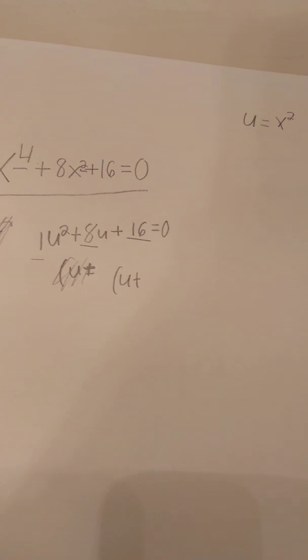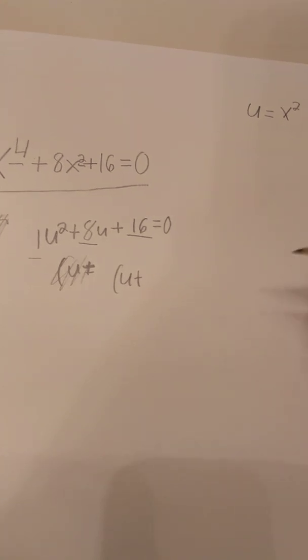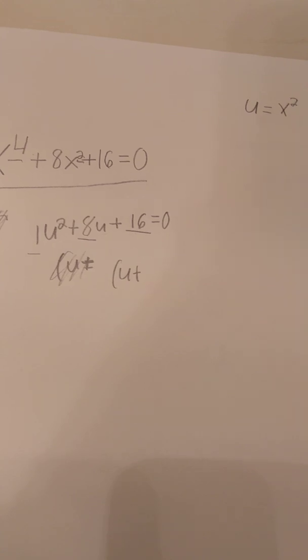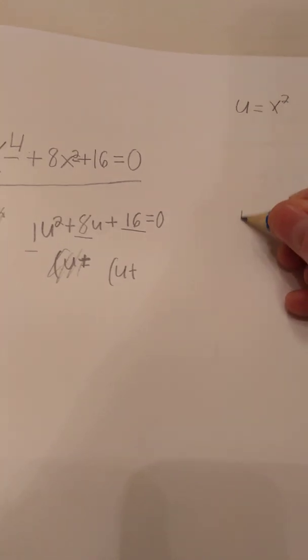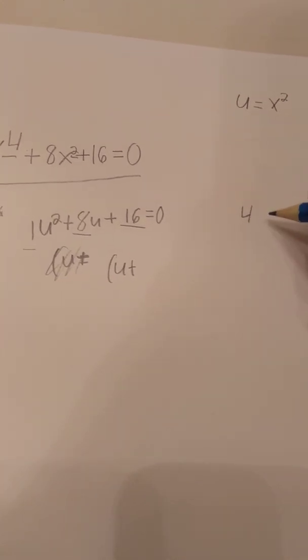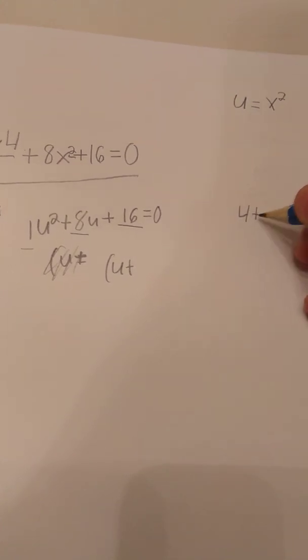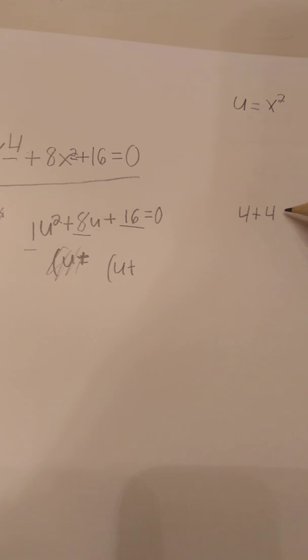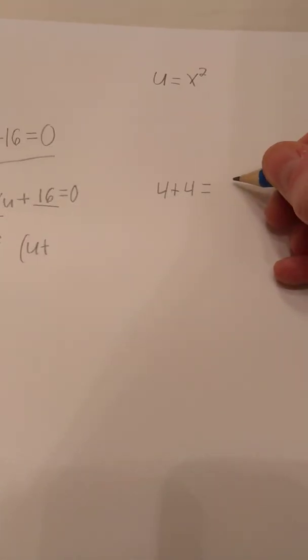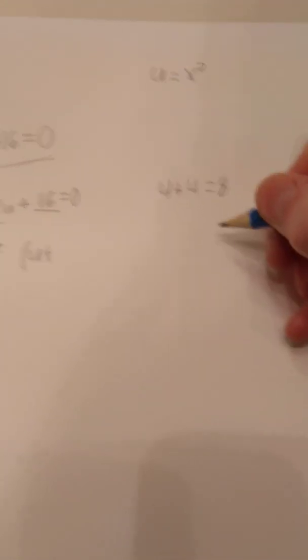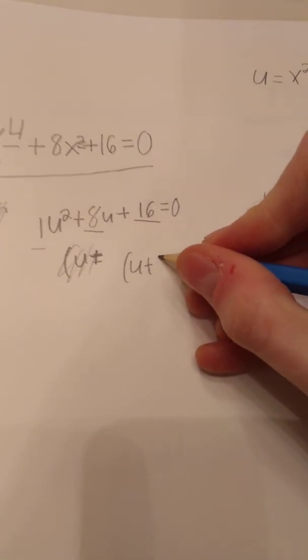So we would figure that out by going through the different factors of 16. However, I already know it is 4, because 4 times 4 equals 16, but it also equals 8 when used in an addition format. Now that we know our numbers are 4, we can put them in here.